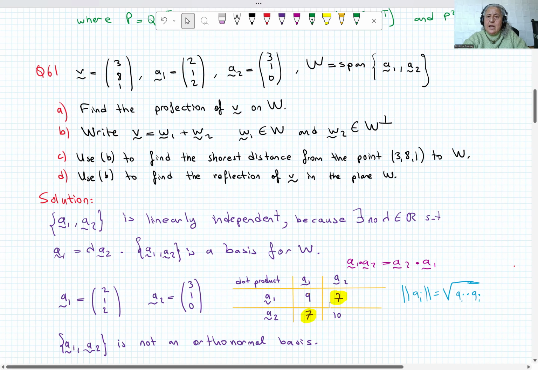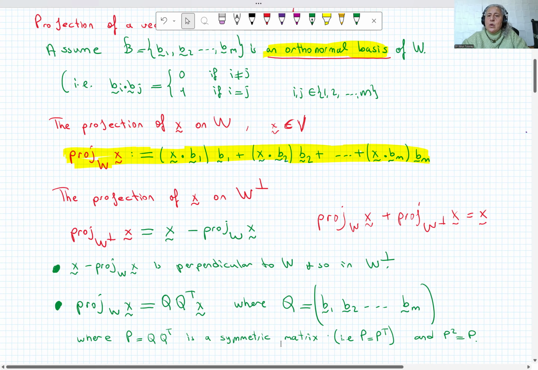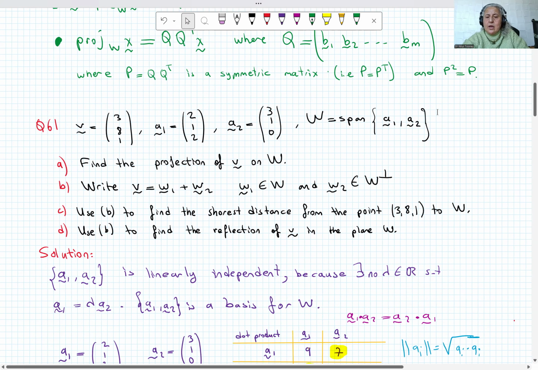Okay, that's good. Now, the theorem tells us that in order to find the projection, we need an orthonormal basis. So we need to look at the dot products of A1 and A2 in all possible ways to see whether it's an orthonormal basis or not. We know now it is just a basis. We don't know whether it is orthonormal or not.